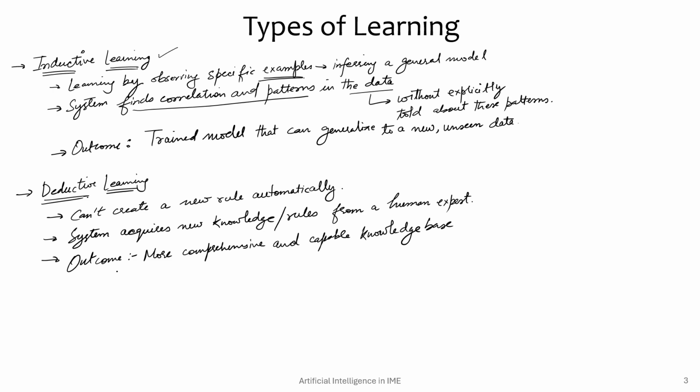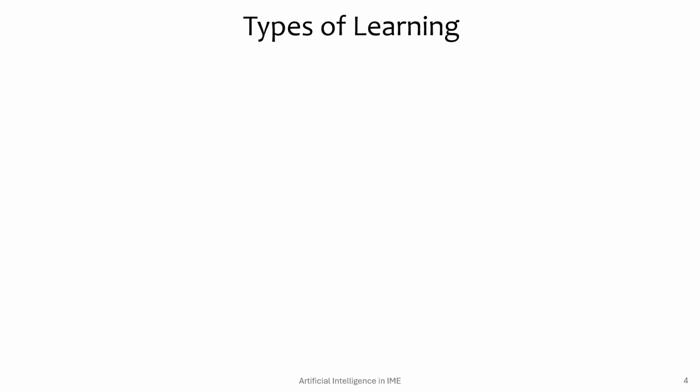It allows accurate logical deductions. So when we are talking about expert systems, we are actually performing deductive learning in those artificial intelligence systems. Now there are some more differentiations between these two learning types. Let's learn more about inductive learning.